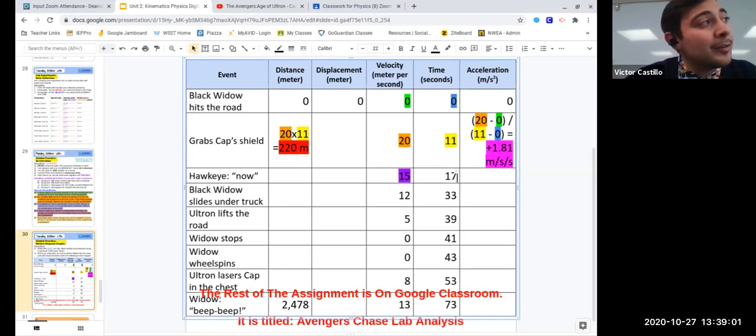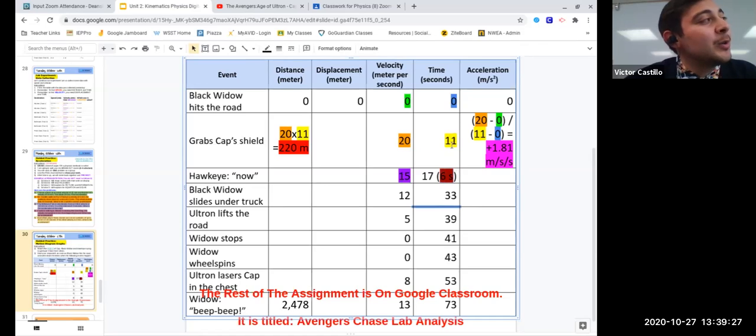However, what was the difference between the 11 seconds and 17 seconds? So how long did it take for Hawkeye to say now? Even though it was at the 17-second mark, it took him 6 seconds to do that.